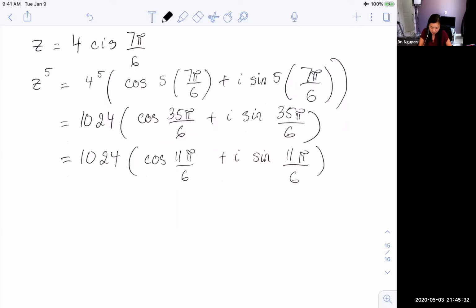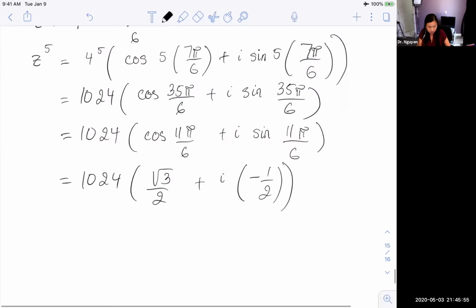Okay, so we check the unit circle. Cosine of 11 pi over 6 is going to give you square root of 3 over 2, plus i sine of 11 pi over 6, which is going to give you negative 1/2.